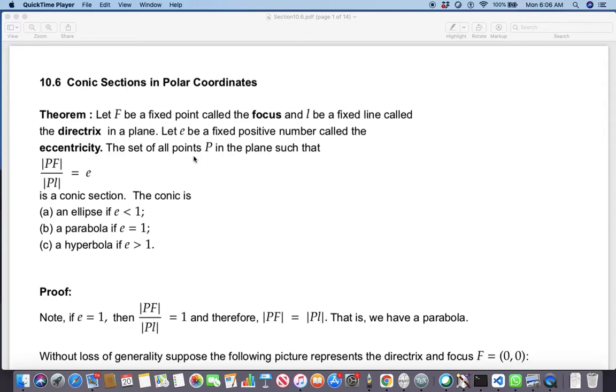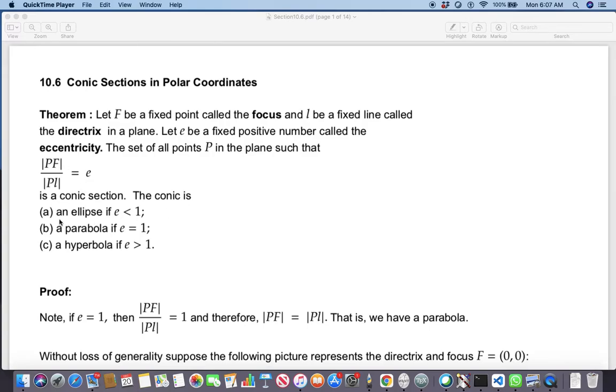The set of all points P in the plane such that the distance of P from the focus over the distance of P from the directrix equals e, that is, the ratio of the distance of P from F to the distance of P from L is e, is a conic section.